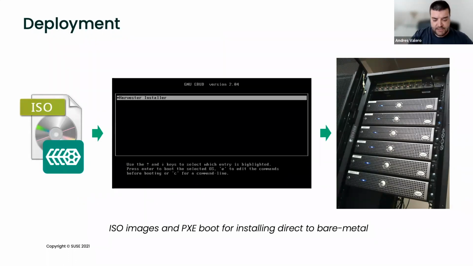In the process, it will ask some questions. It will generate a token that you will need to add more nodes to that cluster. Why? Because we are using RKE2, so we are using the same process that you would use in RKE2 to join more nodes to a cluster.